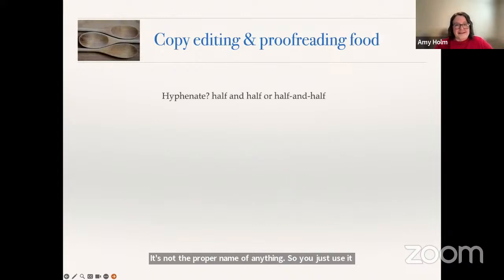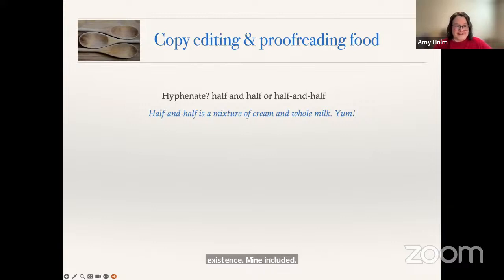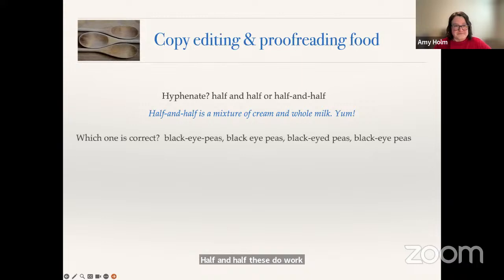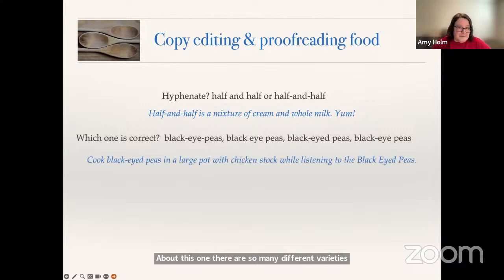So how about this? Hyphens, the bane of most writers' existence, mine included. Half-and-half, these do work together to form a noun, and so we do hyphenate them. How about this one? There are so many different varieties for some of these food types that maybe we have it wrong.